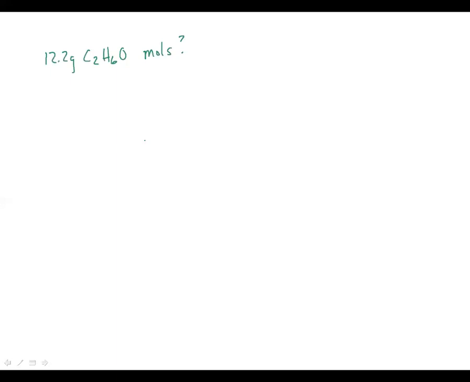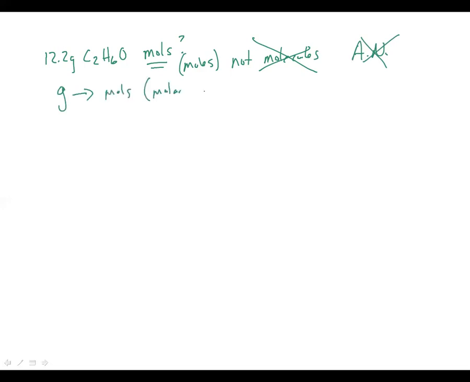In this case, remember that when we look at it, this is moles, not molecules. Because that is not molecules, we do not need Avogadro's number here. We are simply going from grams to moles. And again, it is the molar mass from the periodic table.